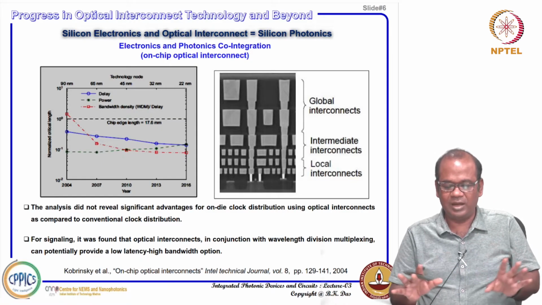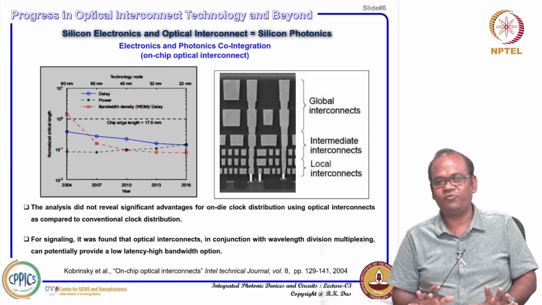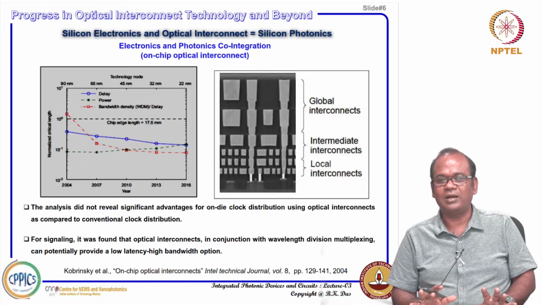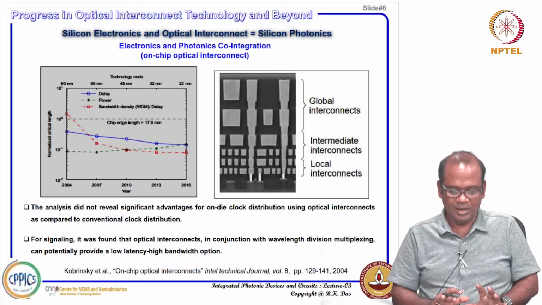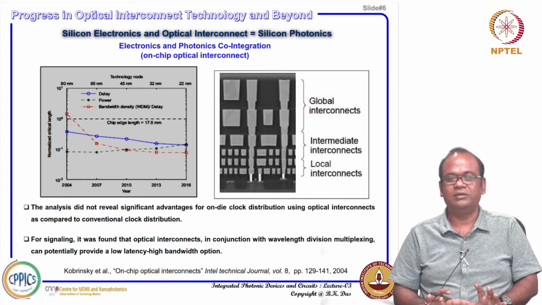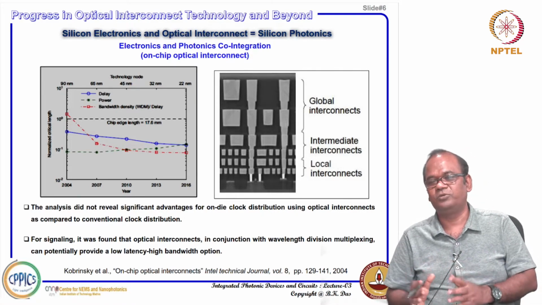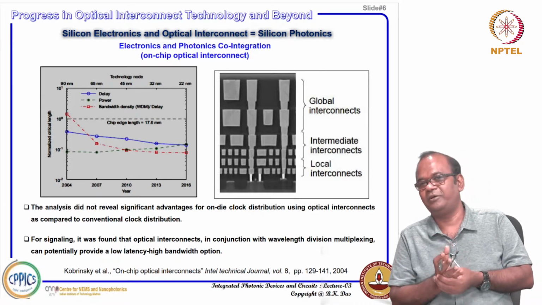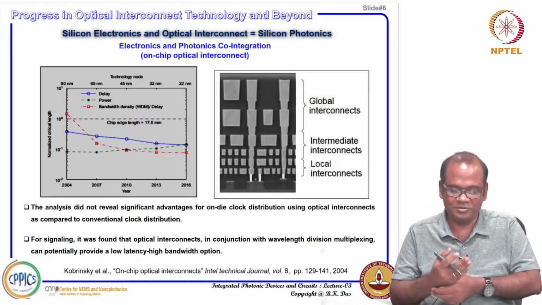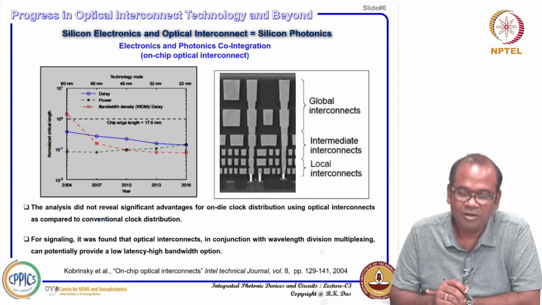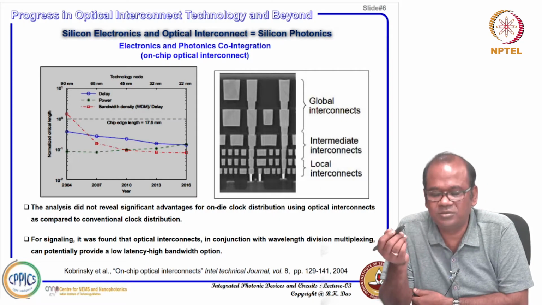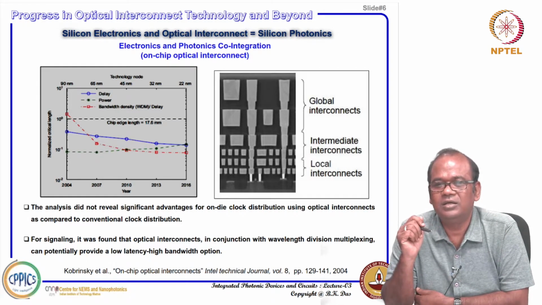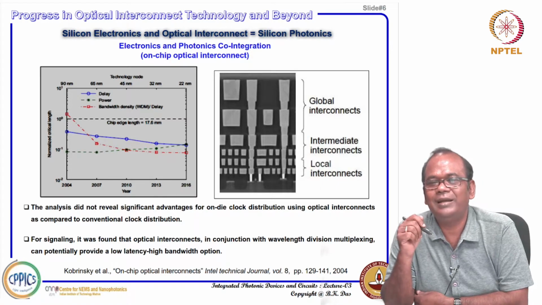Now, there is another estimation from Intel in 2004. They have shown that, with the components available at that time and whatever is going to improve till 2016 in terms of laser technology, modulator technology, waveguide technology, electronics technology, etc., what is the minimum length limit possible for electrical interconnect.